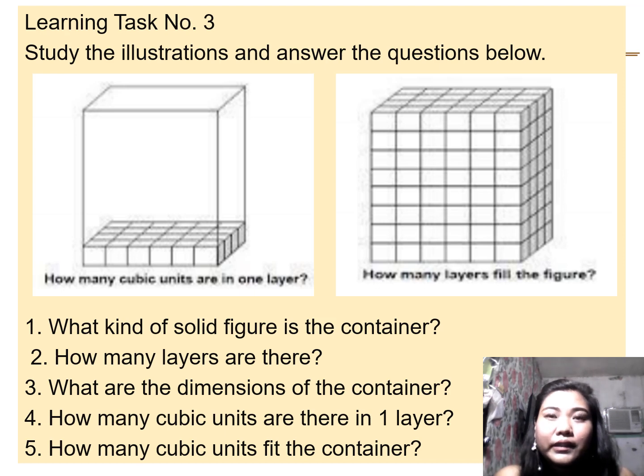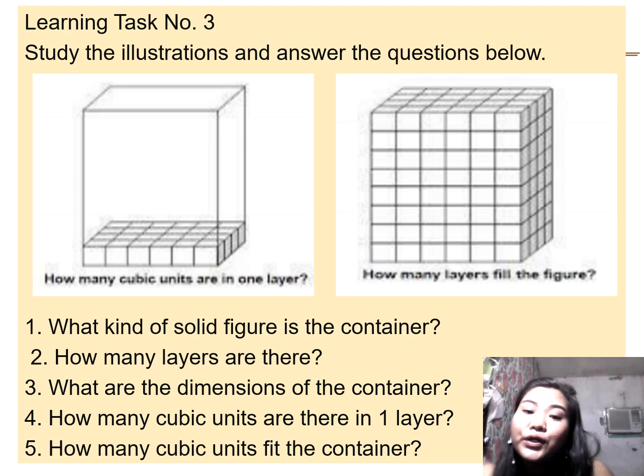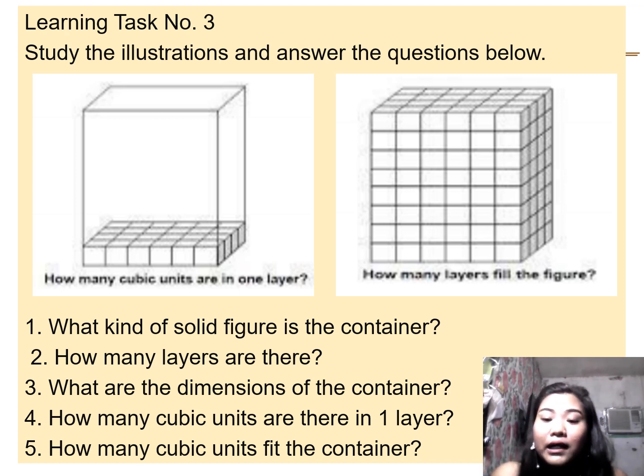Okay, in this learning task 3, let's answer this learning task. Study the illustration and answer the questions below. You can see we have a rectangular prism with measure 4 by 6 by 8. How many cubic units are in one layer?